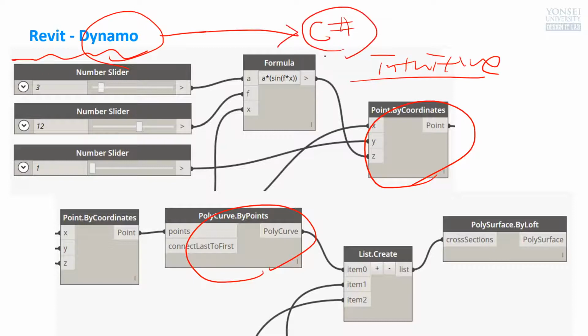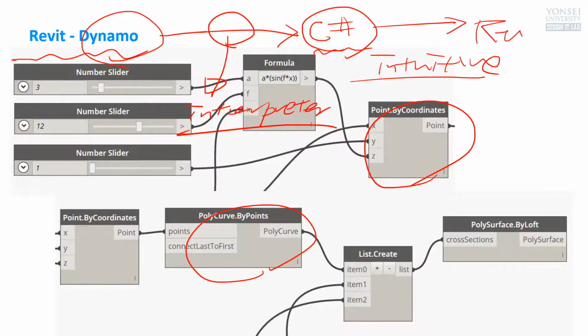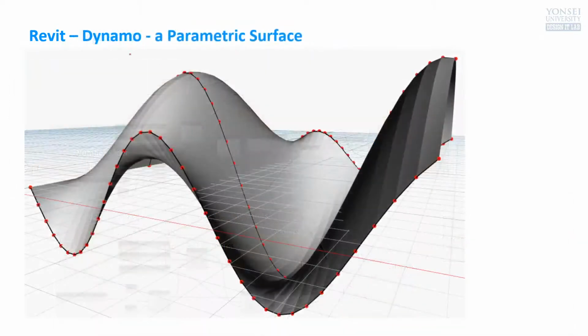I'm not sure what it is, probably Visual Basic.NET, but let's assume that this is C#. The interpreter is in charge of converting this Dynamo visual representation into complicated C# language in order to run on top of Revit. Okay, so that's why Dynamo can be popularly used even by novice programmers.